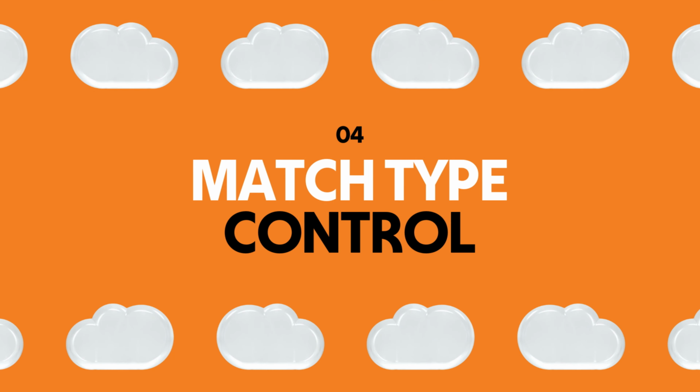So the last thing I'm going to throw out there is match type control. I do think there's a lot of misconceptions around match types in this space, and that could be a whole nother post in itself. But in general, the biggest thing that we can really recommend here is to use the right match type for the right objective. If you want maximum control and only showing up precisely for the keyword you're targeting, run exact match.